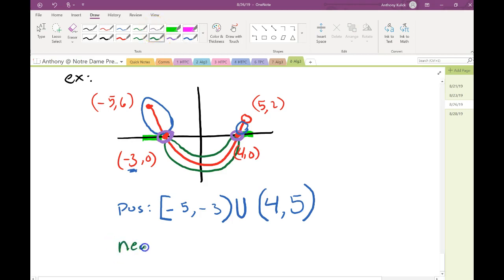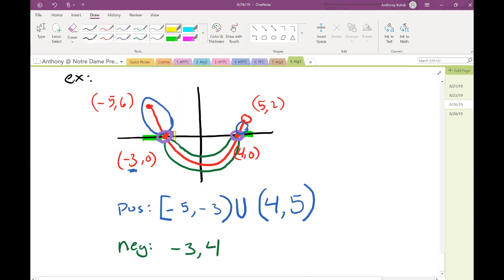Let's do the negatives. What's the lower bound for our negatives? Where does that negative part start at? -3. And where does it end at? 4. Everybody agree with that?